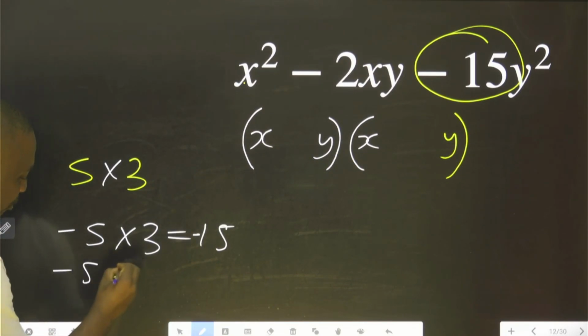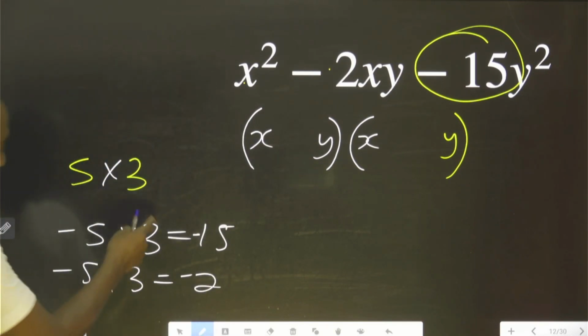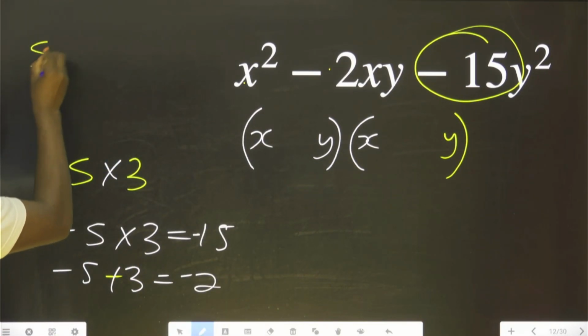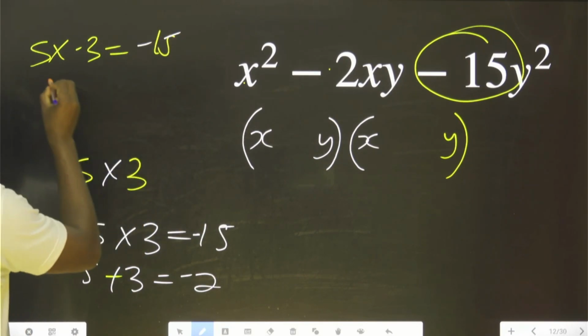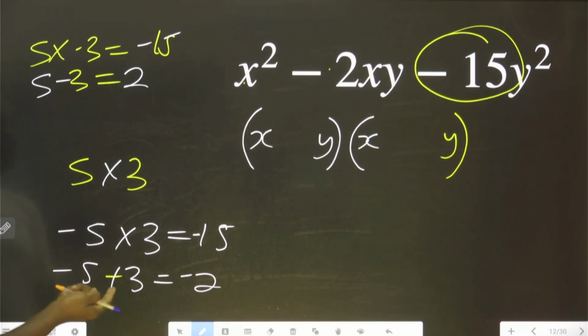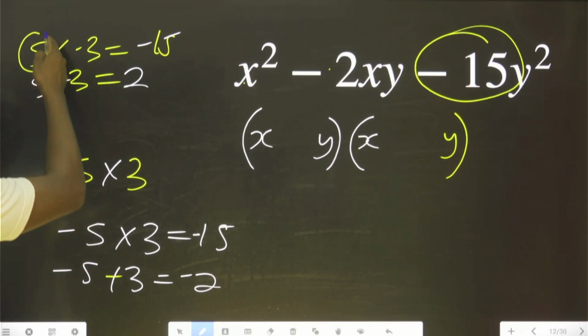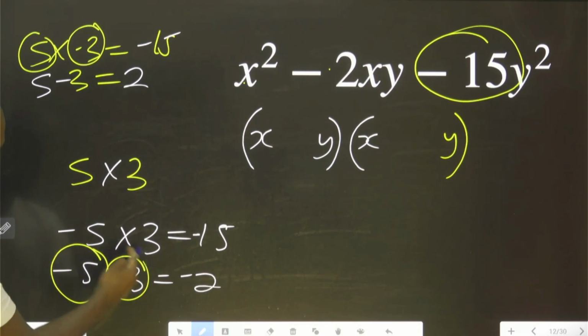Also, minus 5 plus 3 will give us minus 2. If we change this, say 5 multiplied by minus 3, we still have minus 15. But 5 minus 3 will give us simply 2, not minus 2. So we cannot use plus 5 and minus 3. We have to use minus 5 and plus 3.